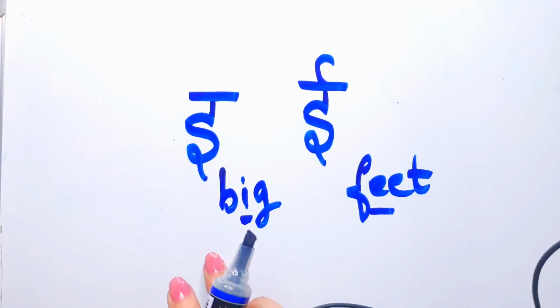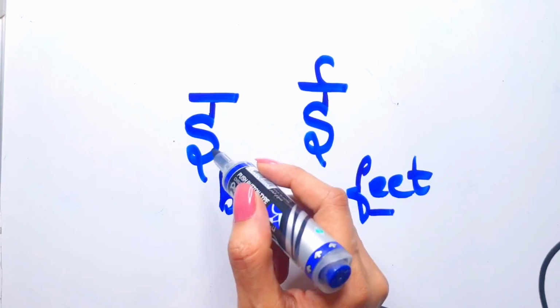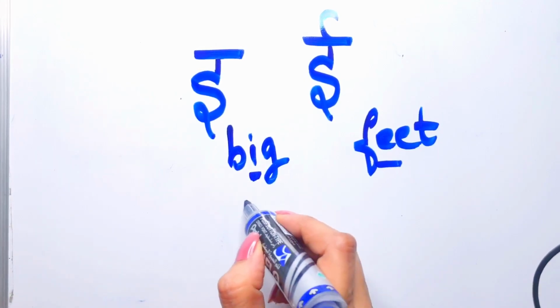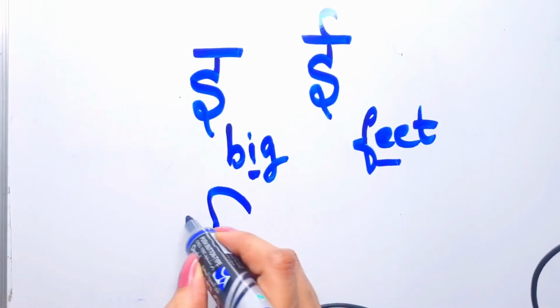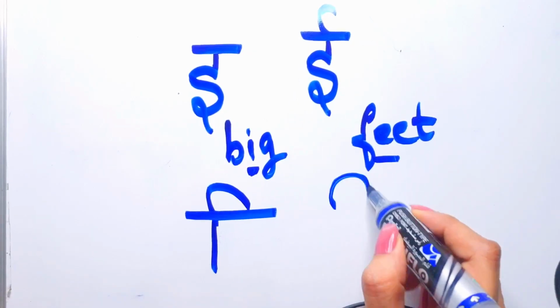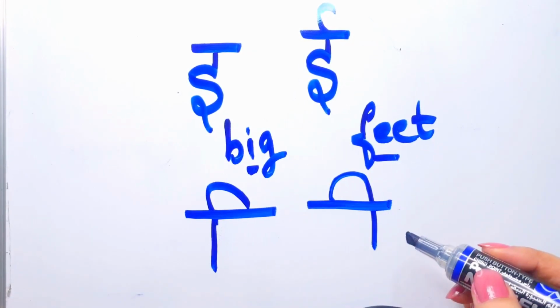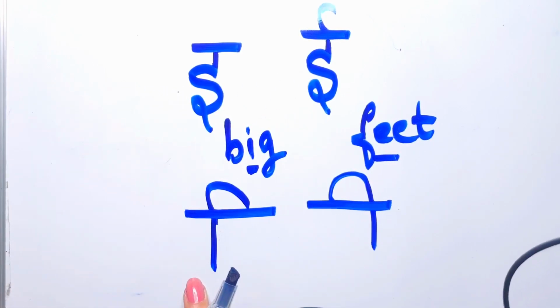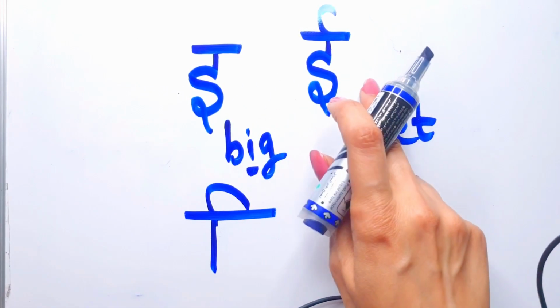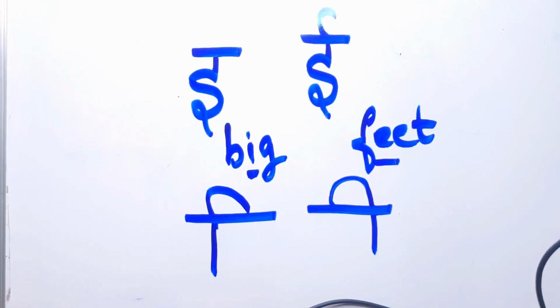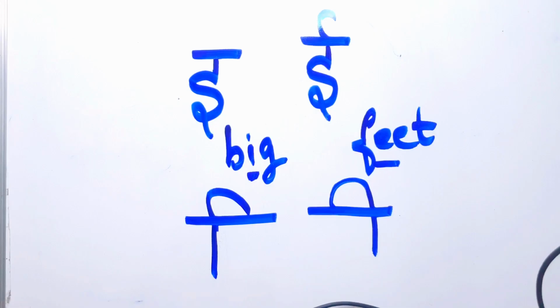Now when we write the matras for choti e, this becomes like this, and the bigger e goes on the right side. Right? So the smaller e comes before the consonant and the second one comes after the consonant. Let's see how these are actually written out.